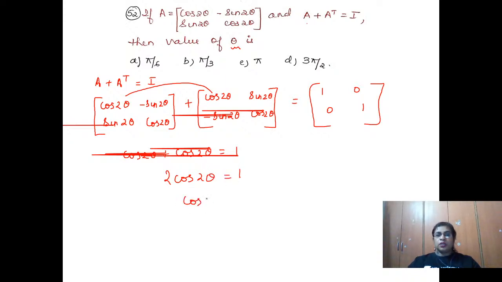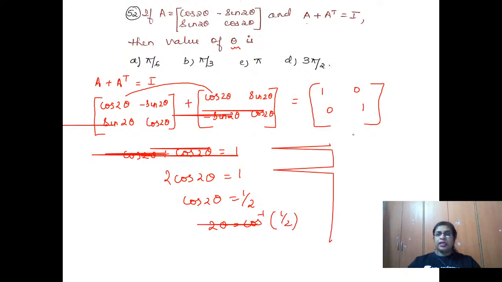So cos 2 theta is equal to 1 by 2, so 2 theta is equal to cos inverse of 1 by 2. What is cos inverse of half? Cos 60 is half, and 60 degrees is pi by 3. They didn't ask us 2 theta. What did they ask us?